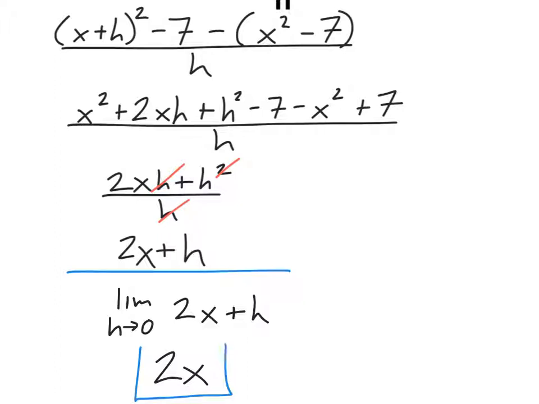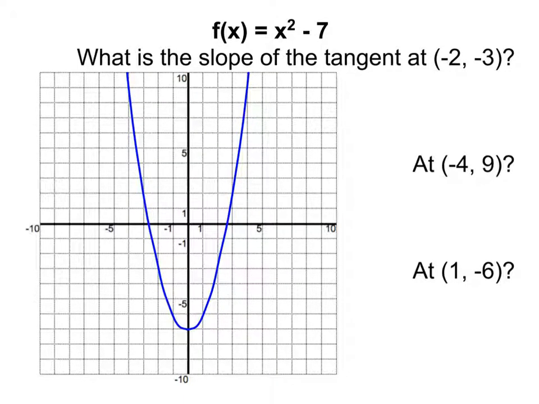And so 2x is an equation that tells us the slope of the tangent line, but we still don't know what x is, right? We do here. Now that we have our equation, find the slope of the tangent line at each of those 3 points, please.